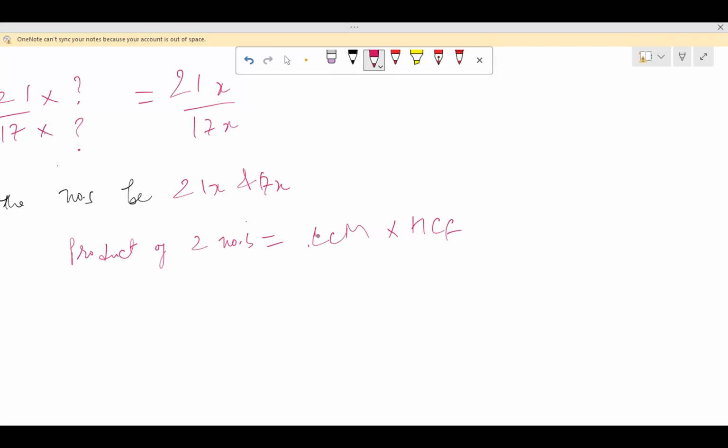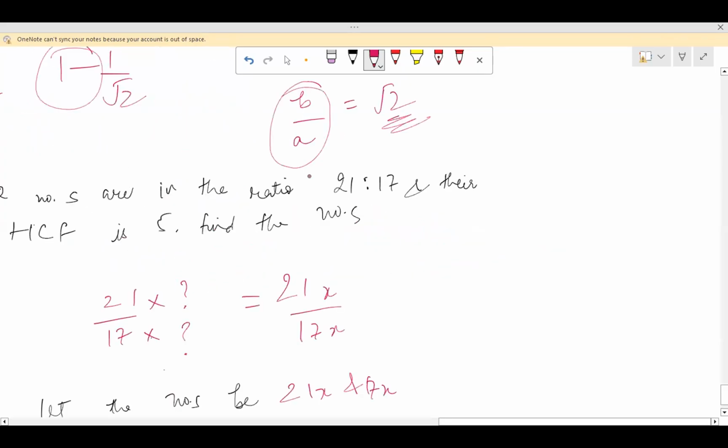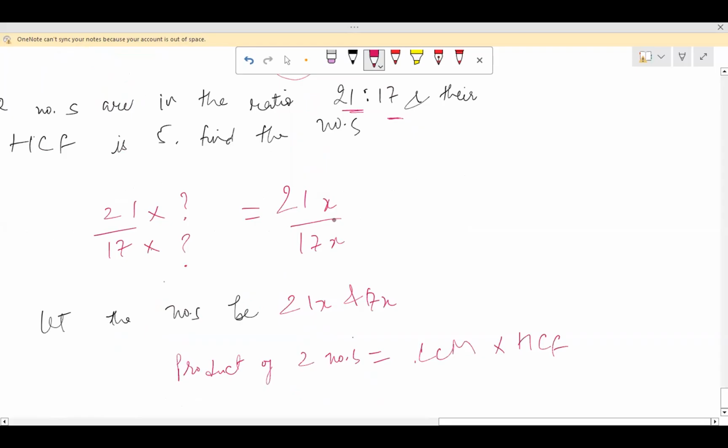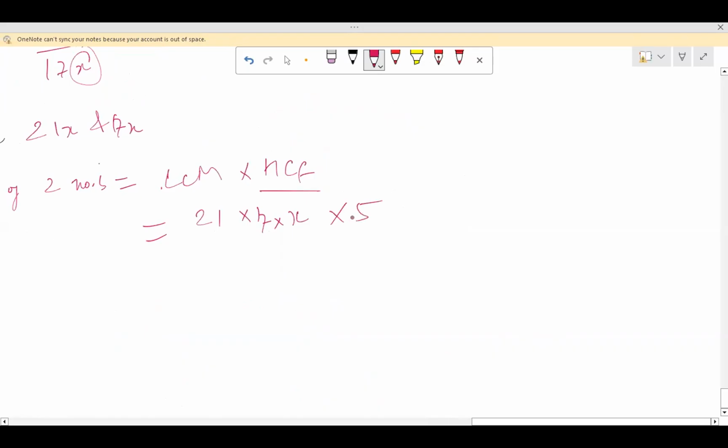We have to multiply the ratio which is given: 21 into 17 into x, because x is common. So LCM will be 21 into 17 into x, multiplied by HCF, which is 5, given in the question already.